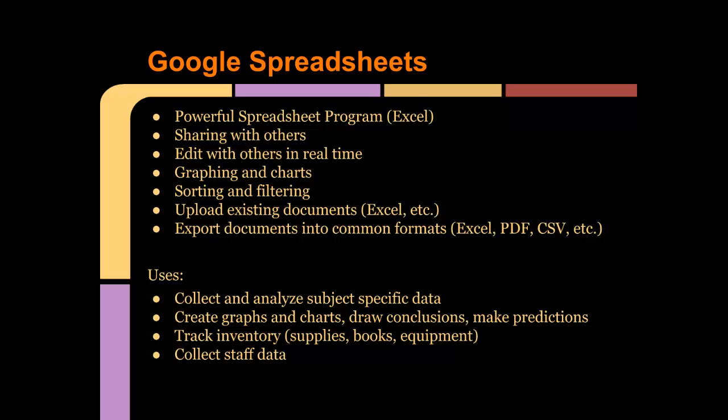Some of the uses are listed below. For our teachers, the student data that they're collecting on their different assessments and sharing with the administration is in Google Spreadsheet format.